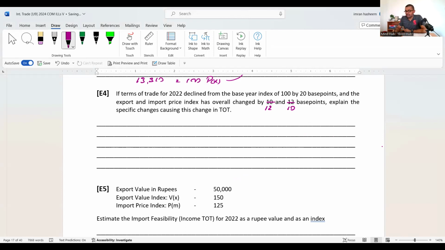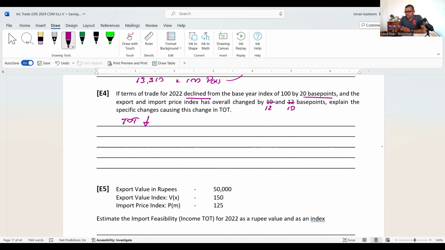Again, there are two things you have to apply here. One, if terms of trade declined from the base year index of 100 by 20 basis points, then terms of trade has reduced.